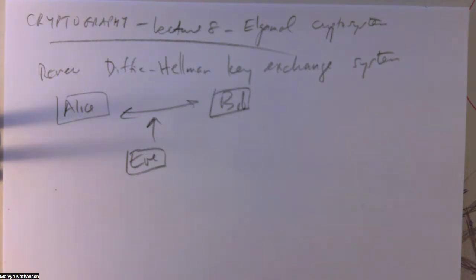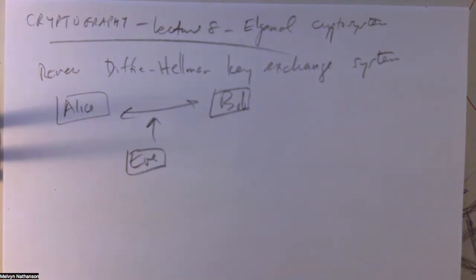And the problem that the Diffie-Hellman key exchange system solves is this. Let's say your cryptographic scheme depends on some key, some number. And Alice and Bob have to know the number in order to exchange their messages, in order to encode and decode each other's messages.